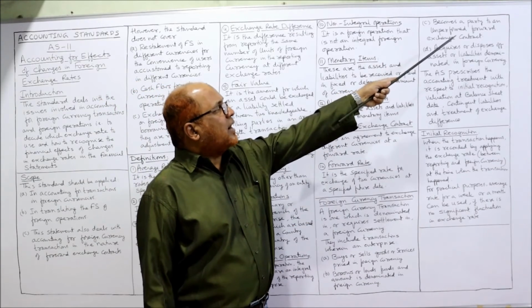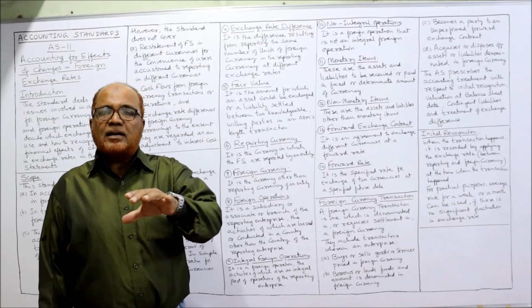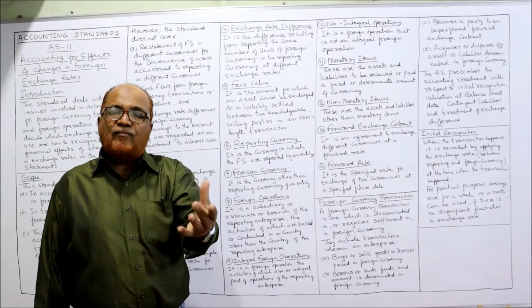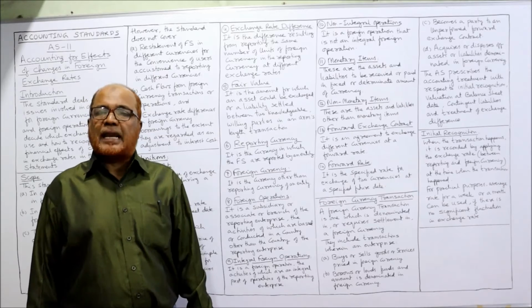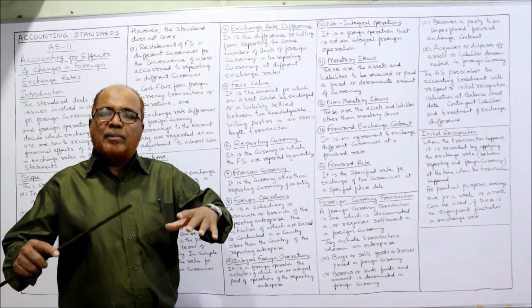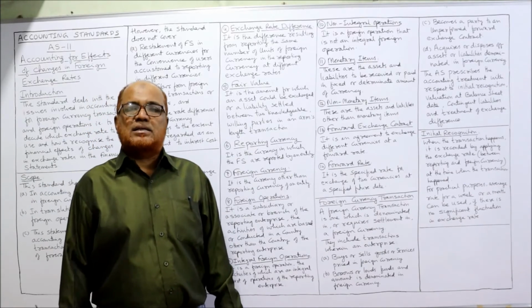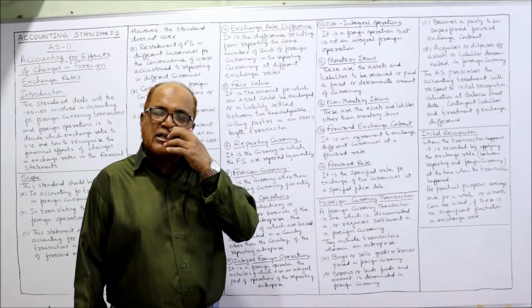Next one: becomes a party to an unperformed forward exchange contract. A foreign exchange contract is a contract in which the agreement is made now but the settlement will be conducted on a future date. That is called a foreign exchange contract.